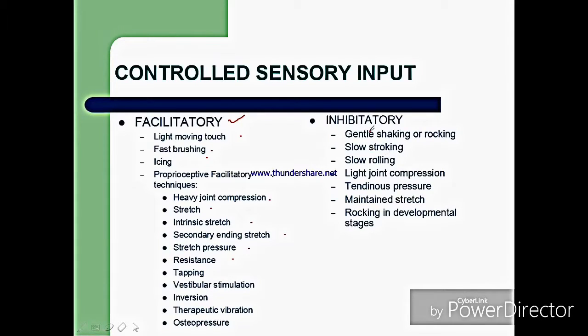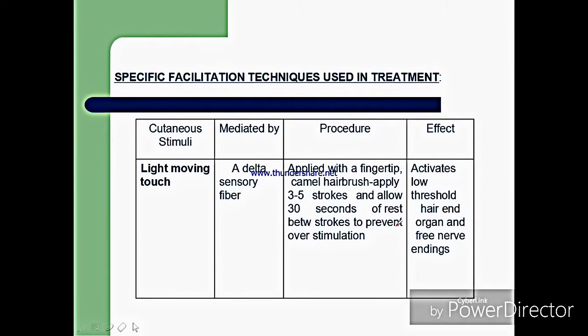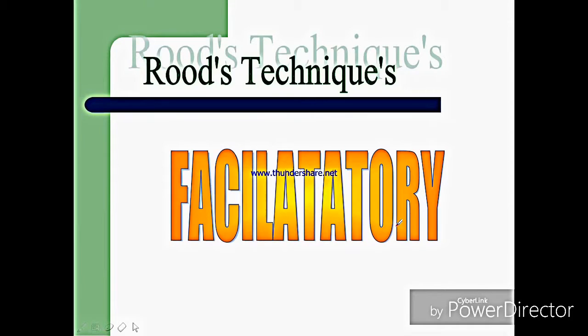Then I will list down some inhibitory techniques like gentle shaking or rocking, slow stroking, slow rolling, light joint compression, tendon pressure, maintained stretch and rocking in developmental stages. In this lecture I will just describe a few of the facilitatory and inhibitory techniques.